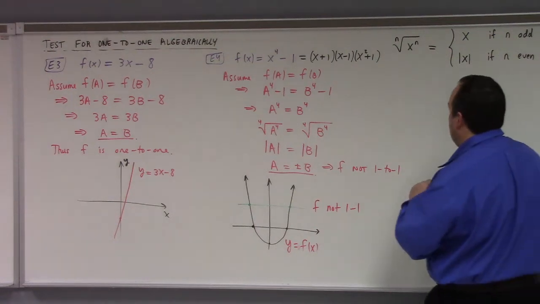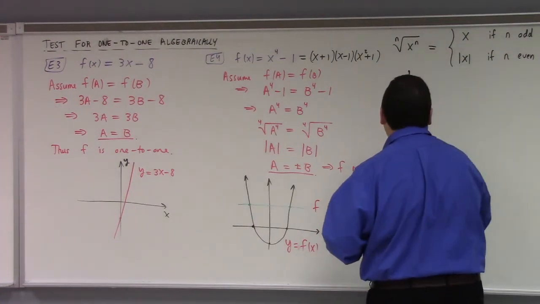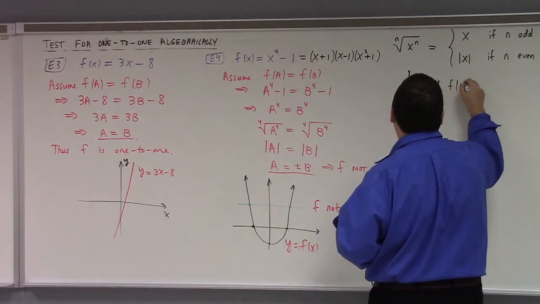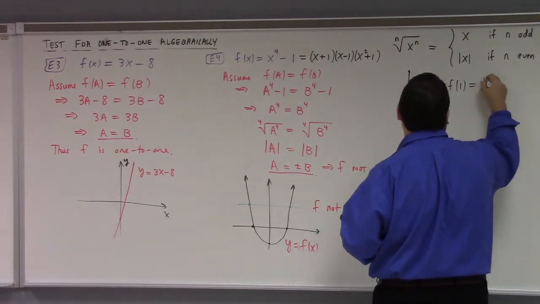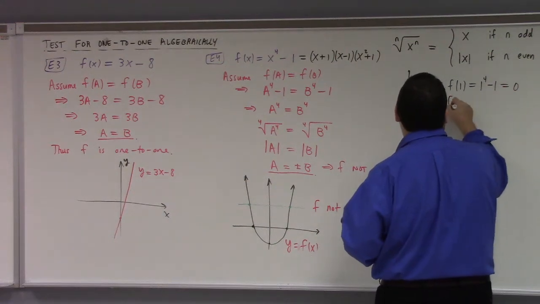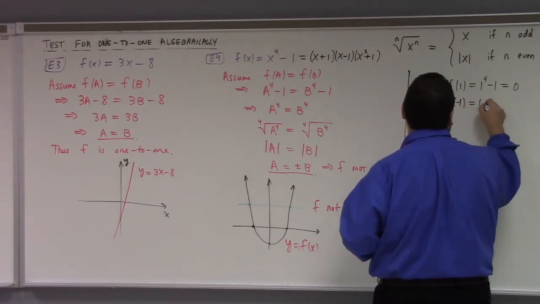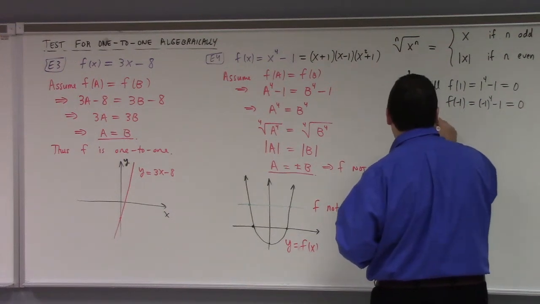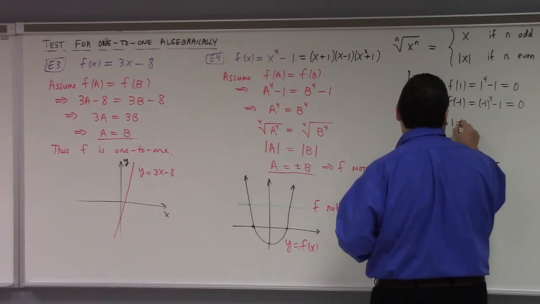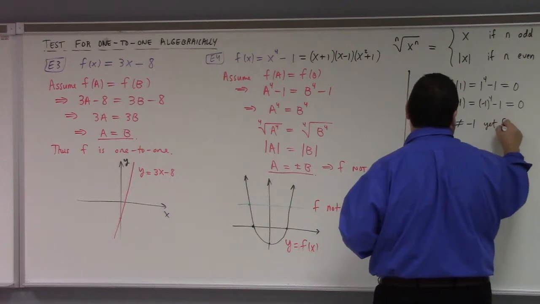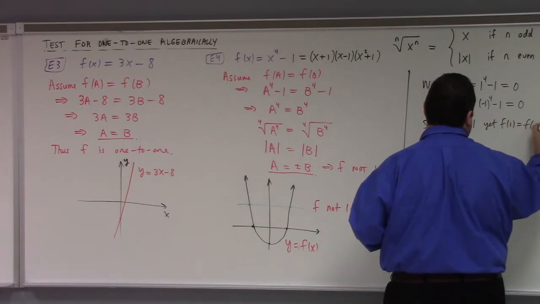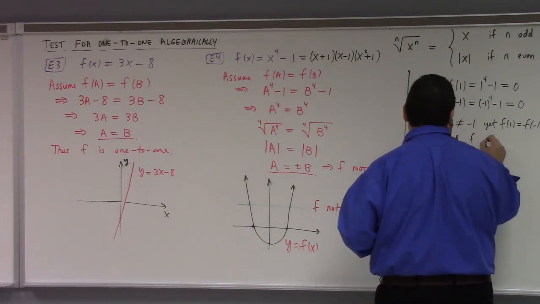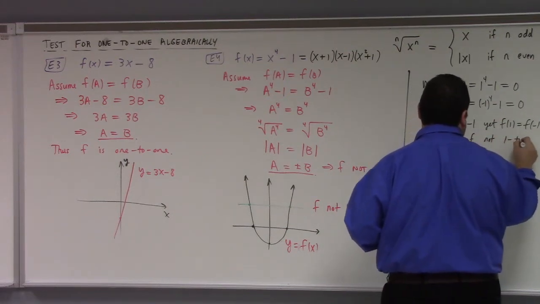So a third way here would just be to go, well, f of 1 is equal to 1 to the 4th minus 1, which is equal to 0. f of minus 1 is equal to minus 1 to the 4th minus 1, which is equal to 0. Since 1 is not equal to minus 1, yet f of 1 equals f of minus 1, we find f is not 1 to 1.